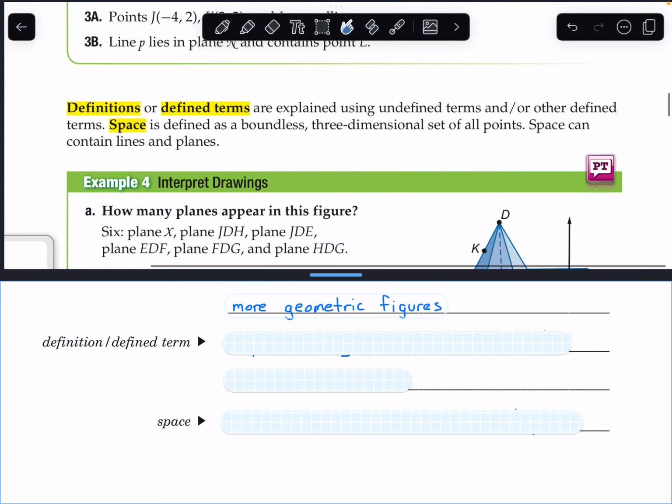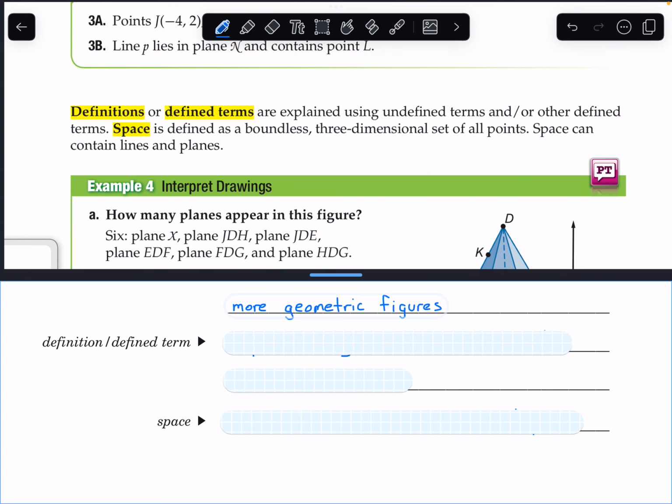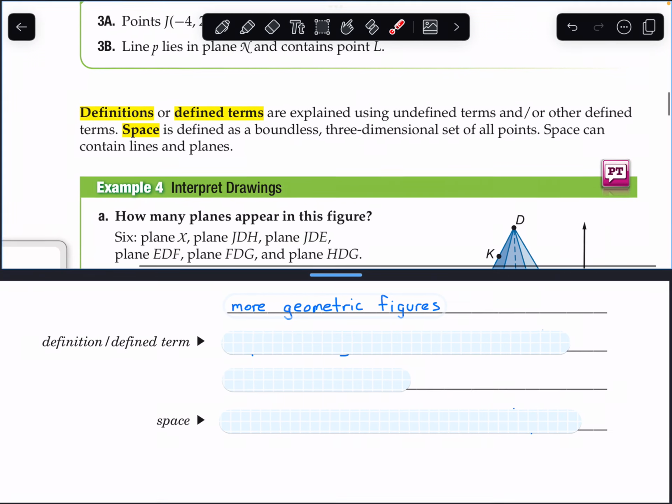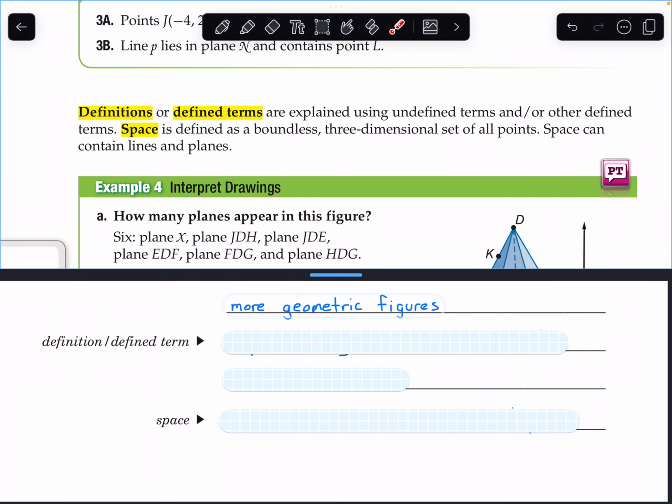We need to get our final terms. We are defining definition. I know it sounds strange, but true. Definitions or defined terms are explained using undefined terms and or other defined terms. We will contrast that with the undefined terms themselves a little bit later. And then space is defined as a boundless, 3-dimensional set of all points.